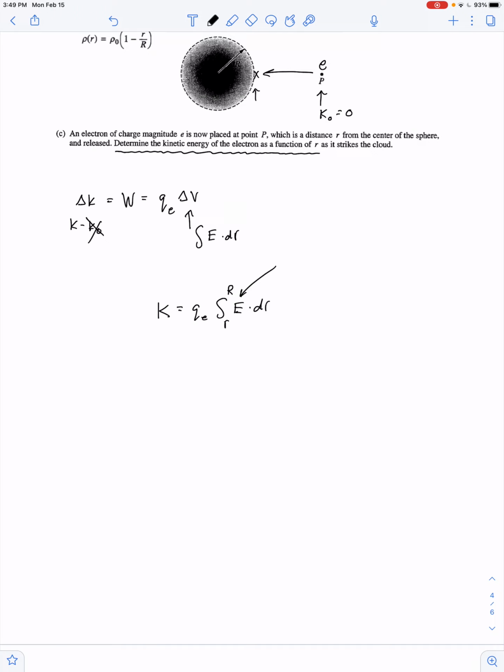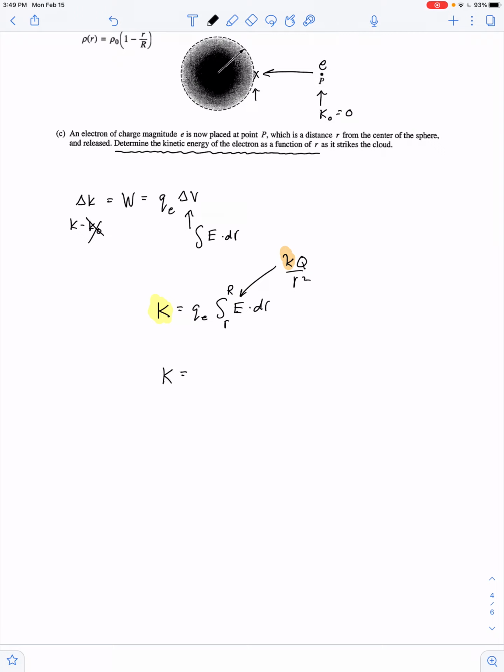And this electric field can be substituted for kQ over r squared. Careful, now we've got two different k's. We've got a capital K for kinetic energy, and let's put a little hook on that so we don't confuse our lowercase k for the Coulomb constant.